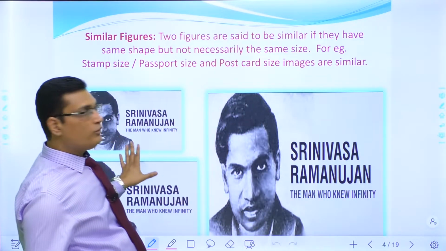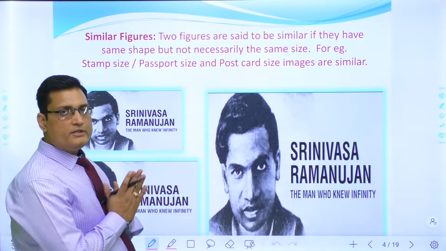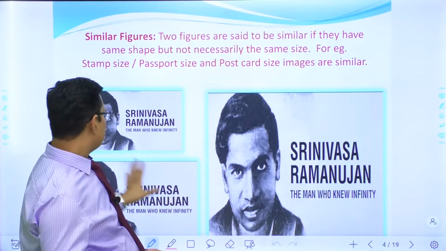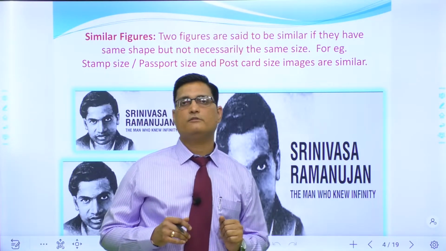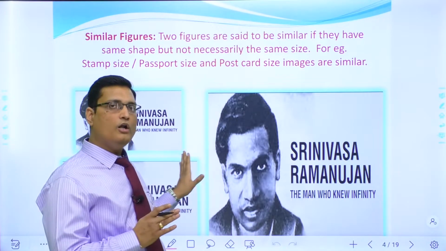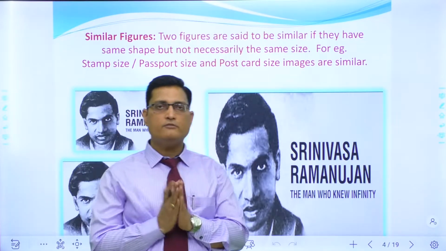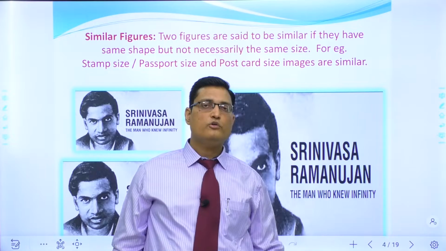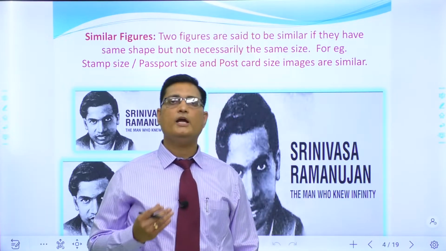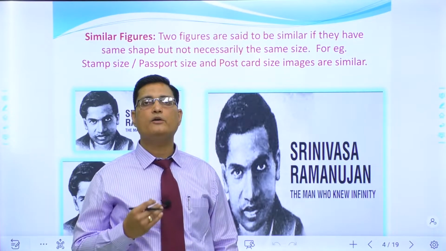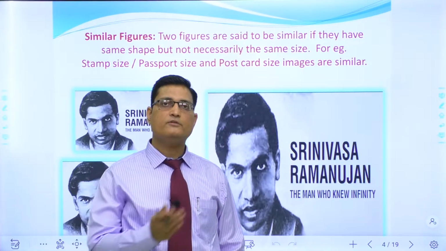Here I have shown a picture of the great mathematician Ramanujan. This is the stamp size photograph, this is passport size, and this is postcard size. In all of them the image is the same but the size is different. So you can say that two figures are similar if they have the same shape but not necessarily the same size.